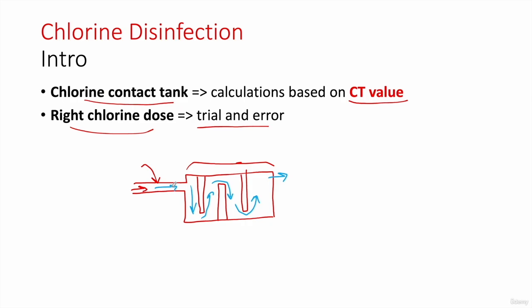So for the chlorine design, we said that we have to design the chlorine tank. This is based on calculation, and for the right chlorine dose, we need to do trial and error. These two points will be clarified in the next slides.